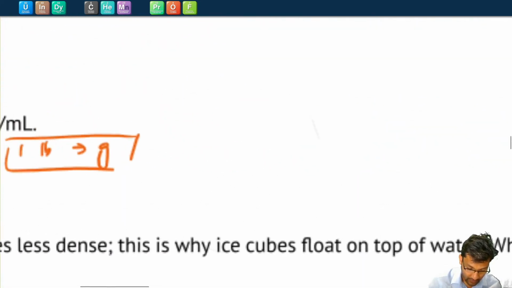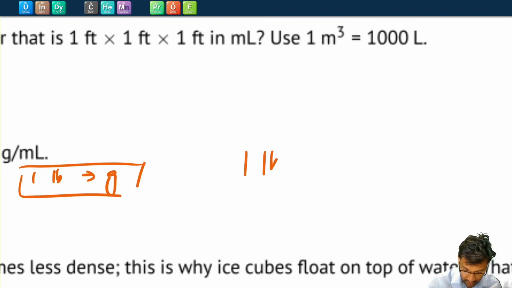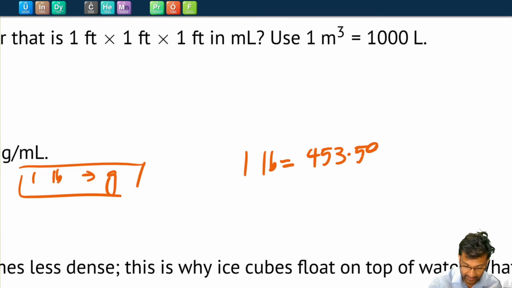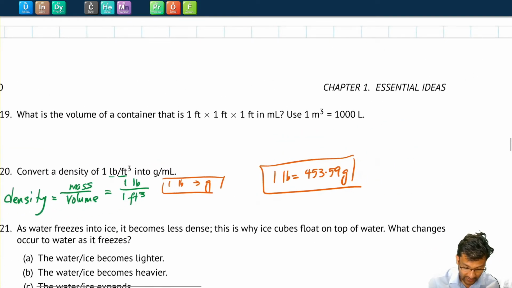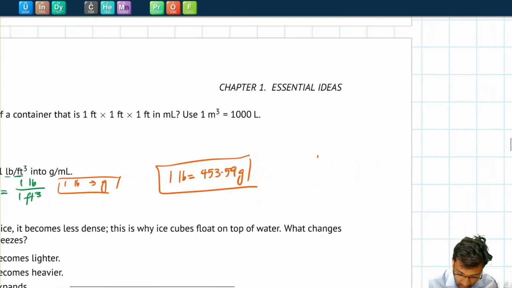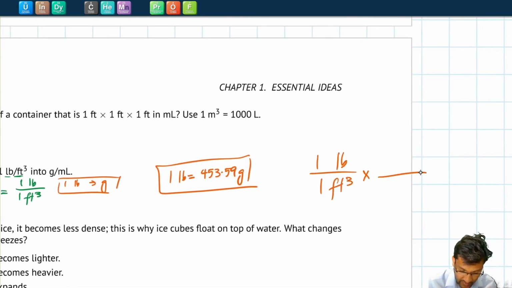So 1 pound per cubic feet times, we put pounds in the bottom, 1 pound is 453.59 grams, such that the pounds cancel out, and that gets us from pounds to grams.